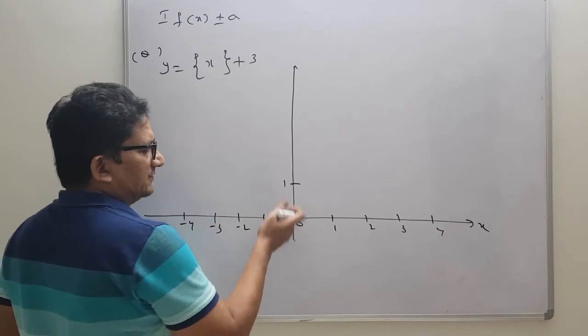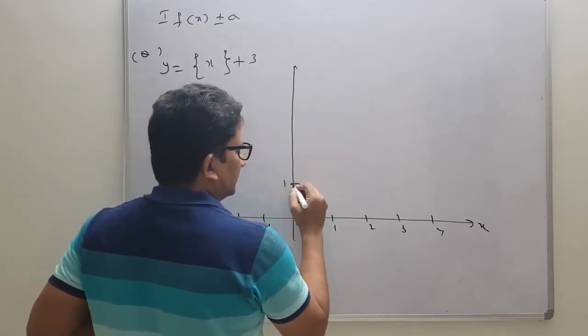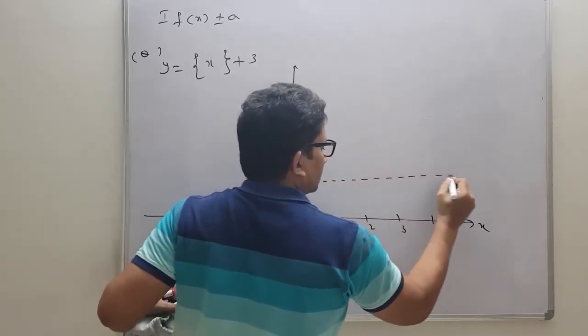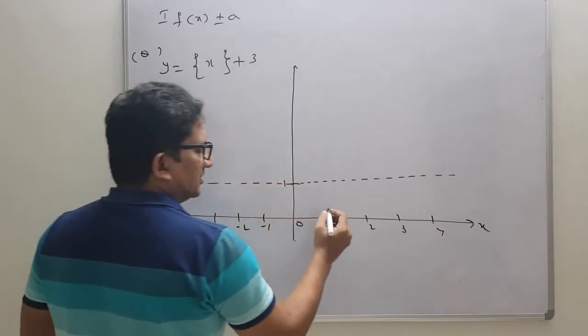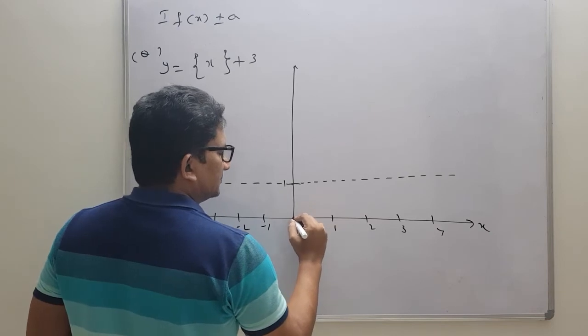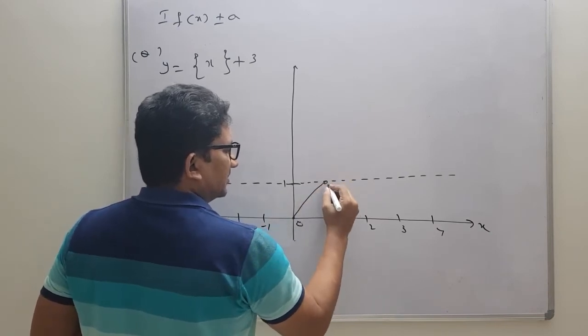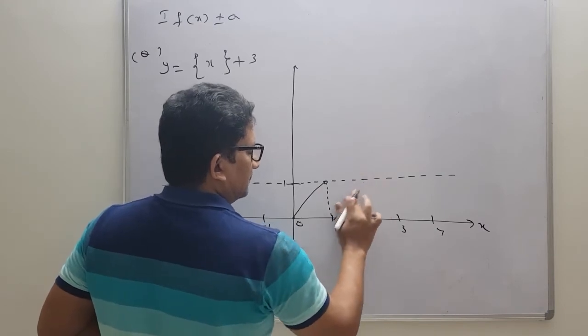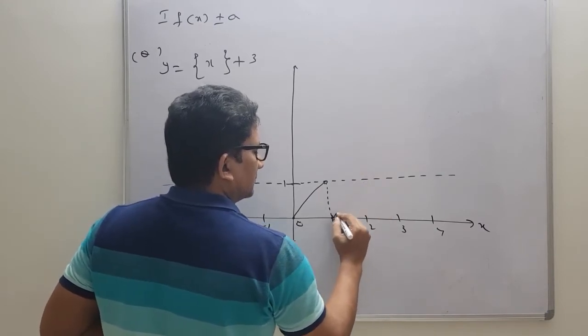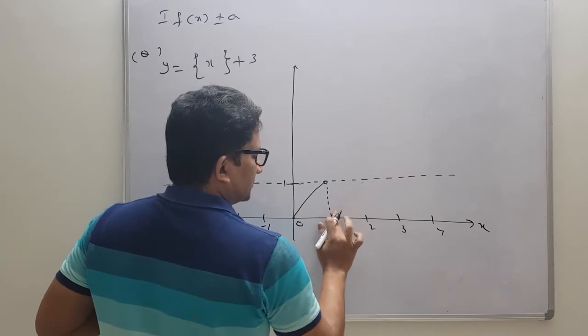So we know that the graph lies in between 0 and 1 only. So here we will keep a line, the original graph. So in between 0 and 1, so we will get here, like this type, and here we will get an open circle. We will get an open circle here, we will go here, sorry.